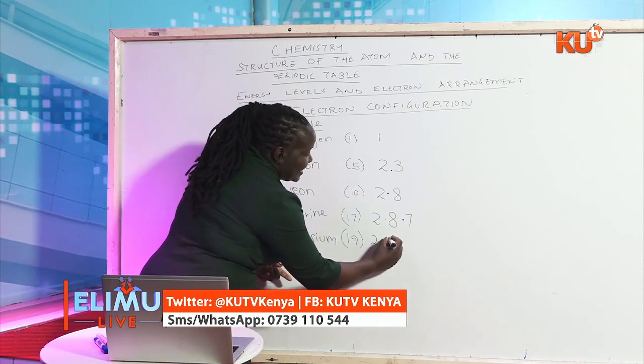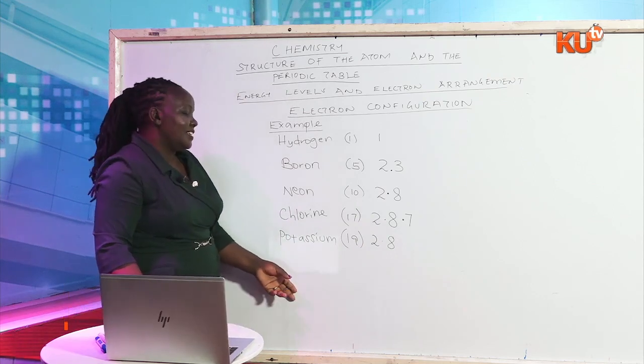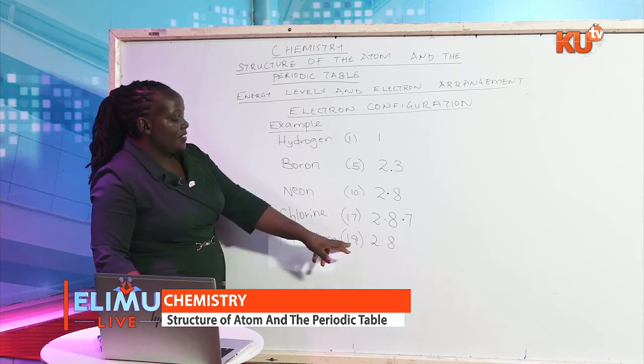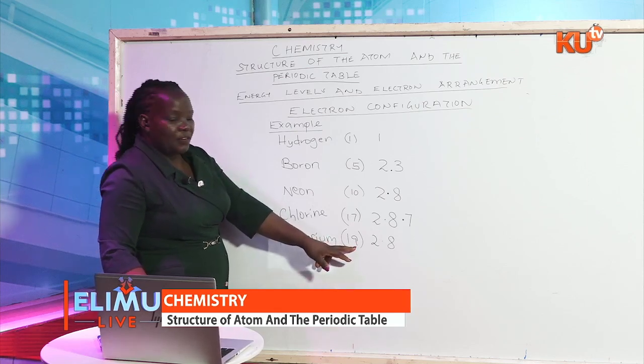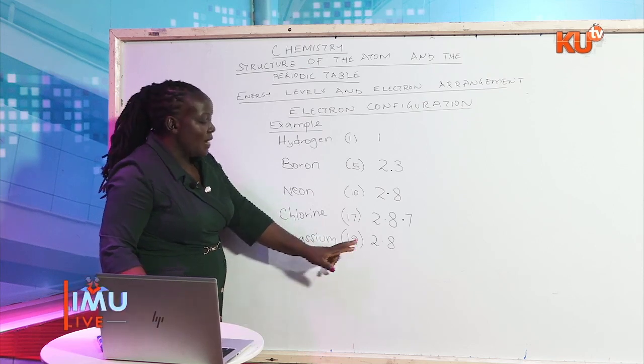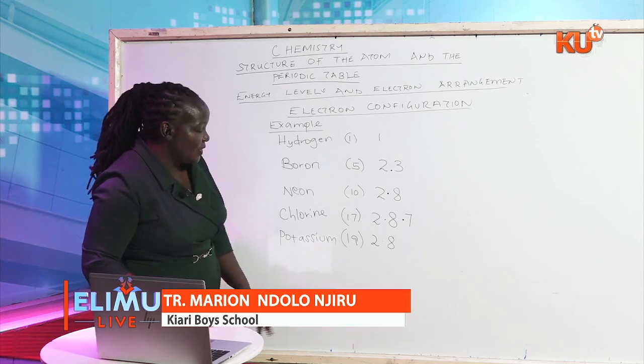Then we have the next energy level accommodating a maximum of 8. That is the maximum number of electrons that it can accommodate. At this point, we have 10 electrons. So 19 minus 10 is 9, correct?